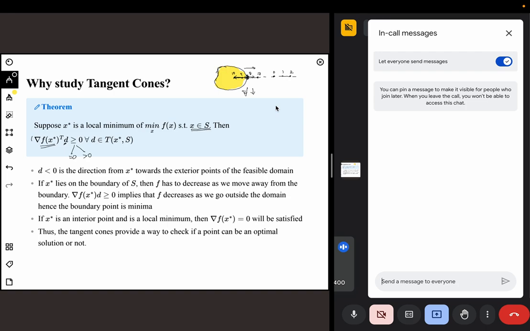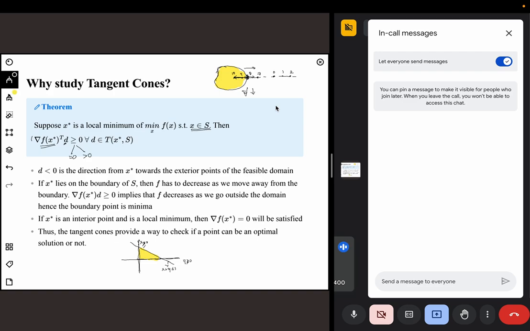When we have inequality constraints, G1, G2, G3, for example, you can take x plus y equal to 1, and then take x equal to 0 and y equal to 0. Let's say this is y equal to 0, this is x equal to 0, and then this is x plus y equal to 1. If I put them as inequalities, x greater than or equal to 0, y greater than or equal to 0, and x plus y less than or equal to 1, with these inequalities, this is my feasible region.